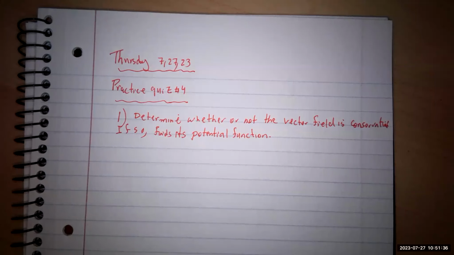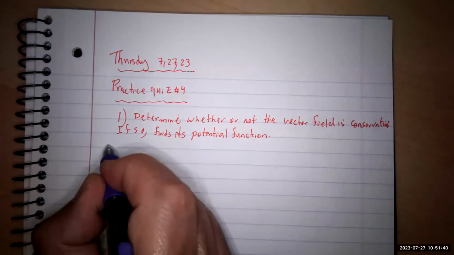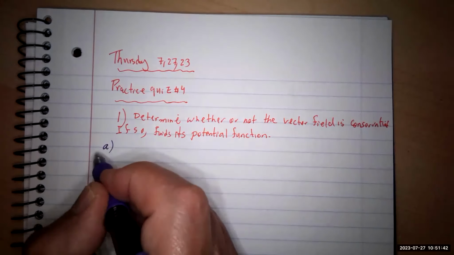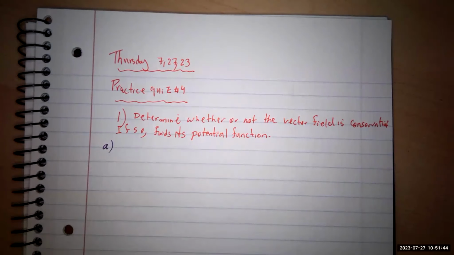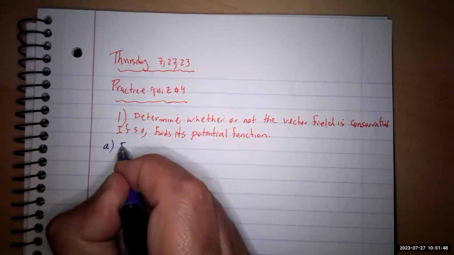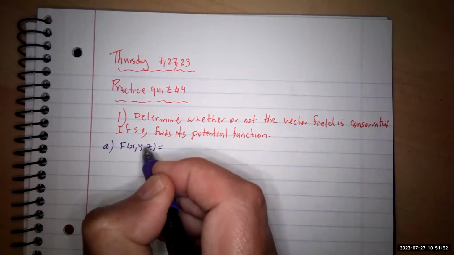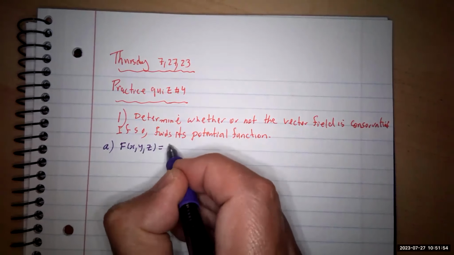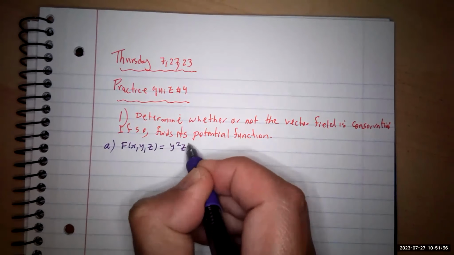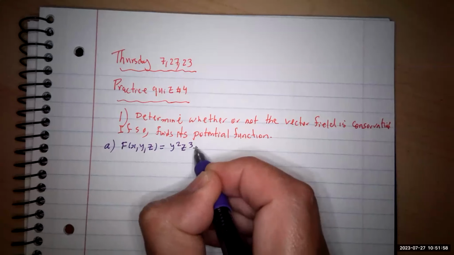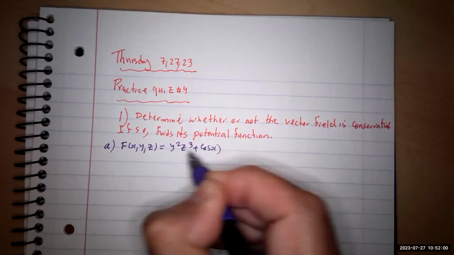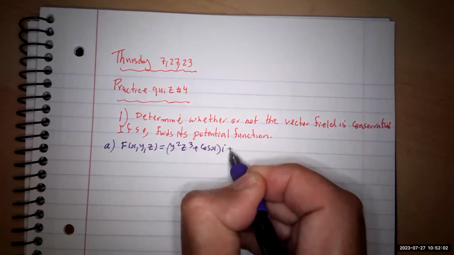The function can be a function of 2 variables or 3 variables. 3 variables takes a little bit more time, but nothing to worry about. So the first one, the function is F of x, y, z equal to y squared z cubed plus cosine of x. That's the first component.